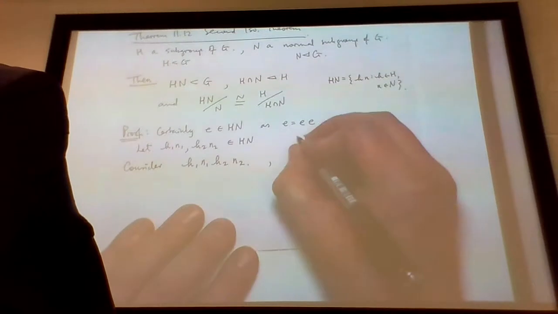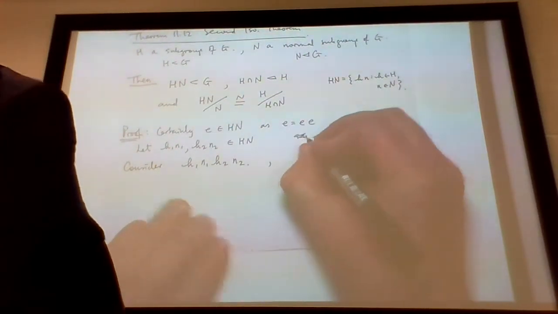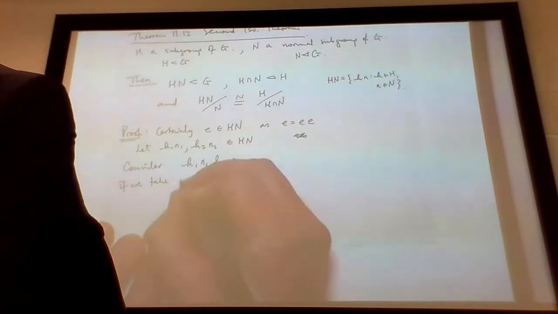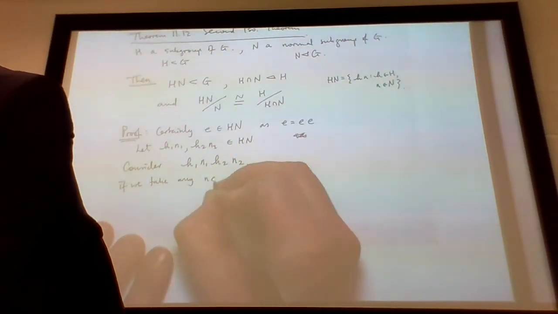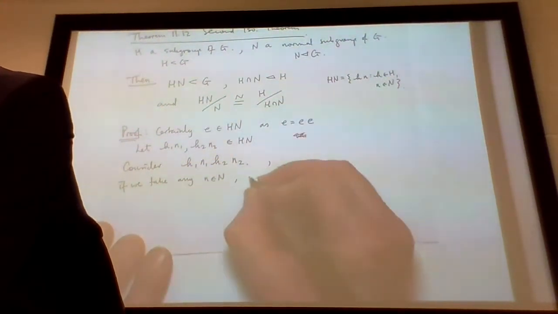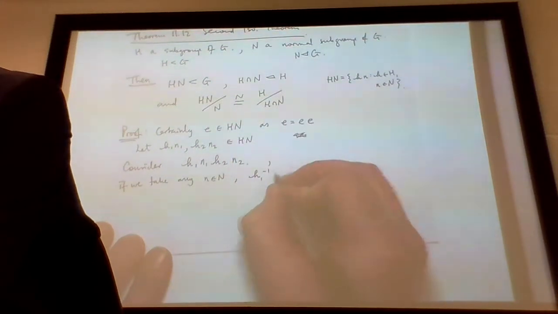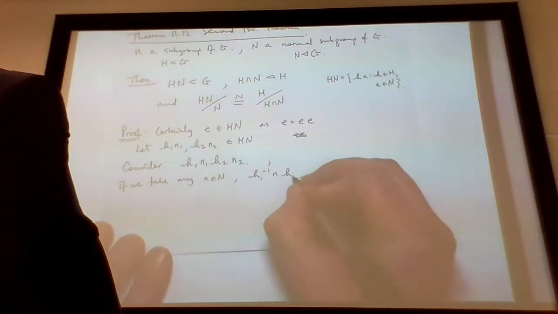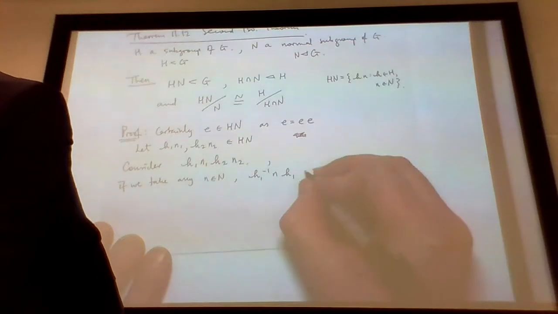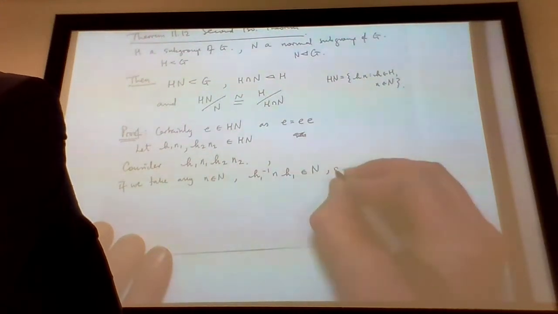I know if we take any little n from N, I can always conjugate it like that, and that will be an element of N as N is normal.